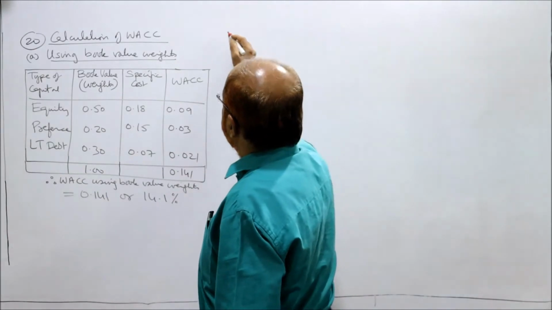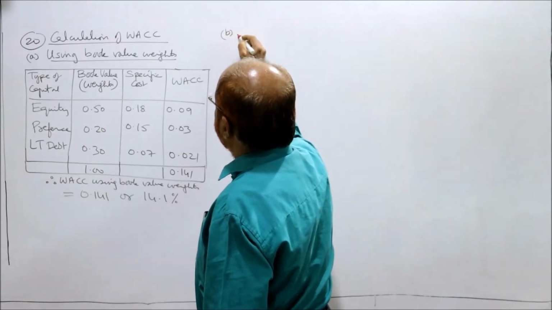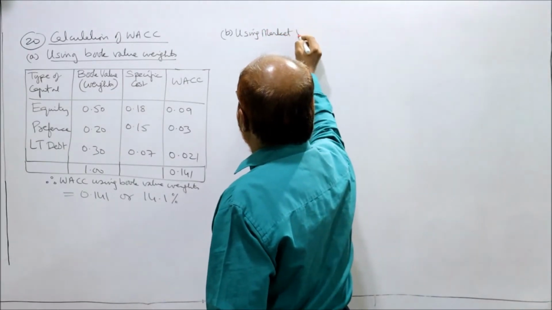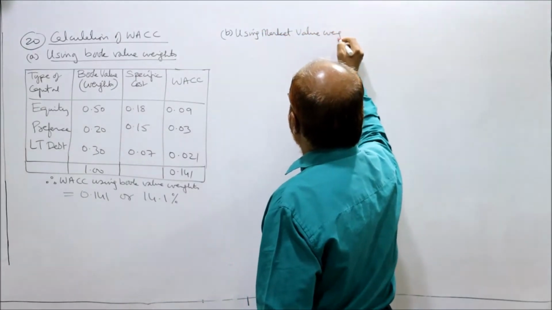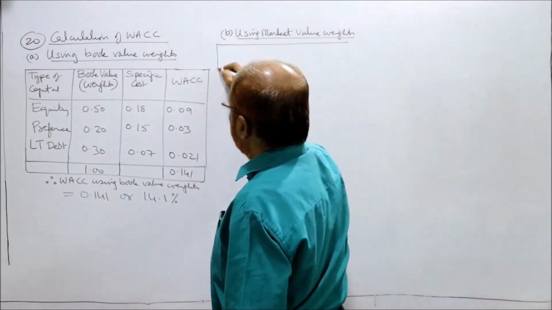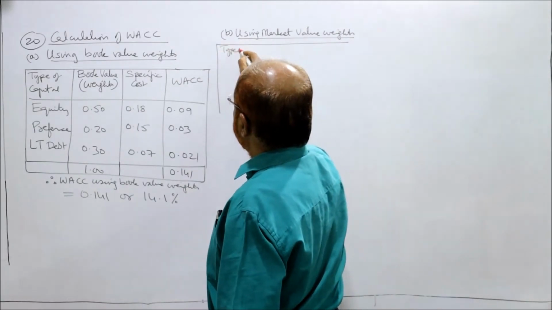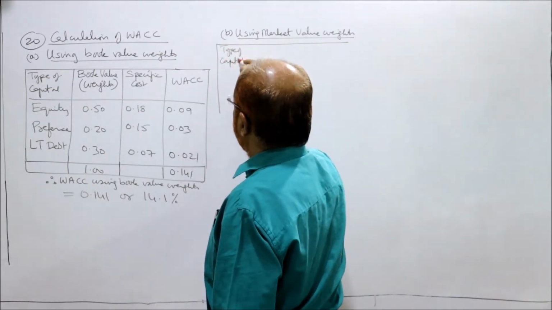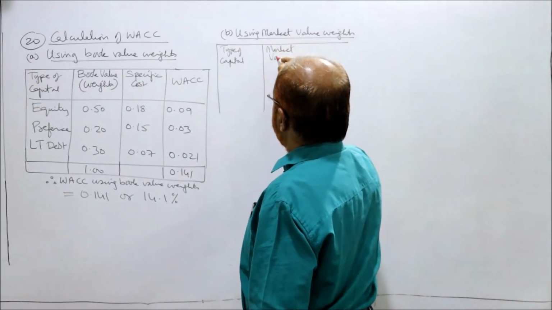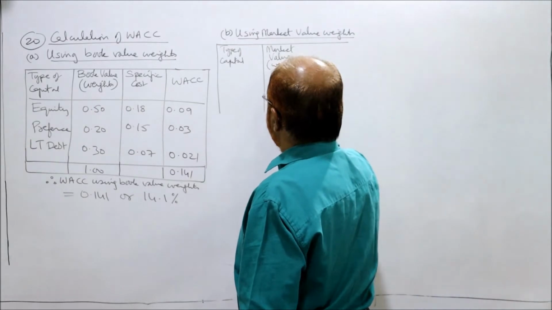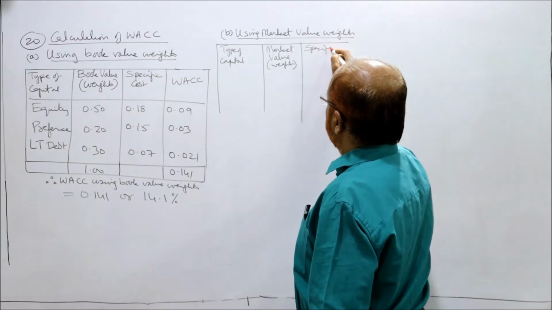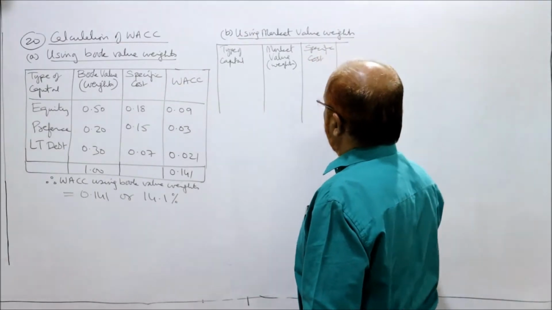Now B, using market value weights. Type of capital. Market value weights. Specific cost.